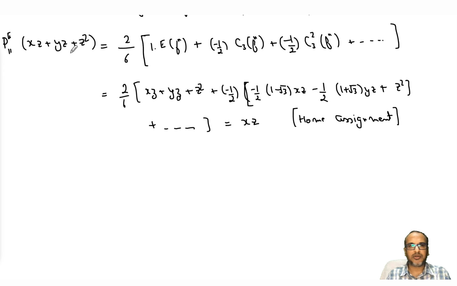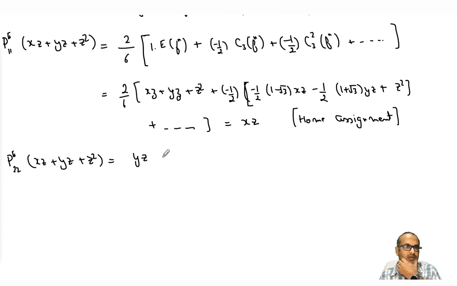Similarly, the way we have calculated for P11, that is the 1 element of E irreducible representation of this, let's also calculate PE22 on xz plus yz plus z square. And if we do the same thing, what we will get is yz without any coefficient. So this one gives you xz, 2 element will give you yz. Similarly, we can do it for 1 2 and 2 1.